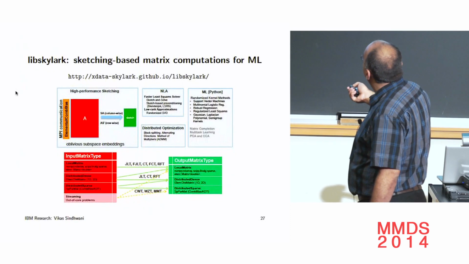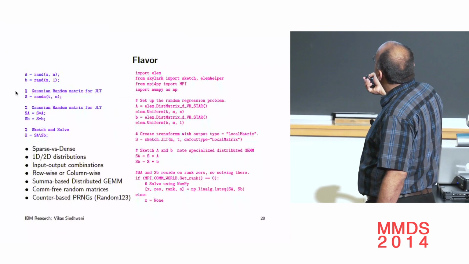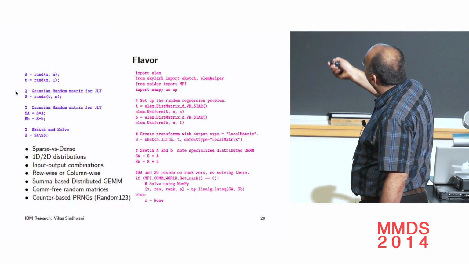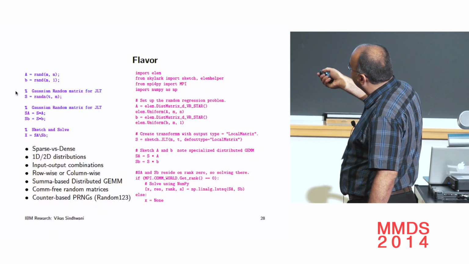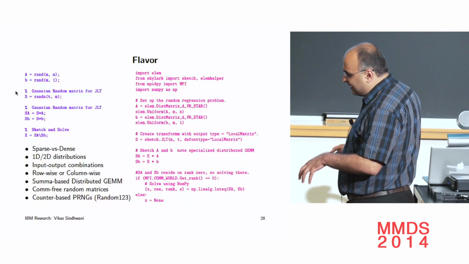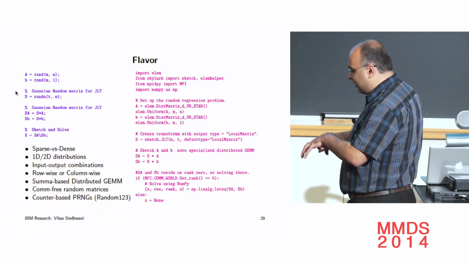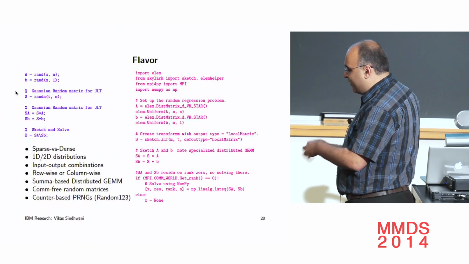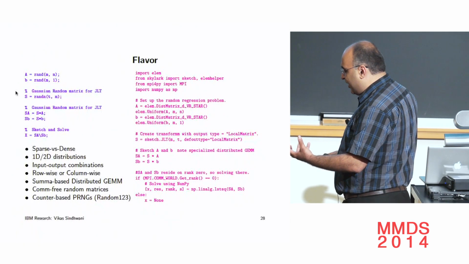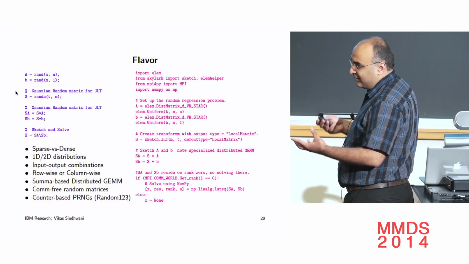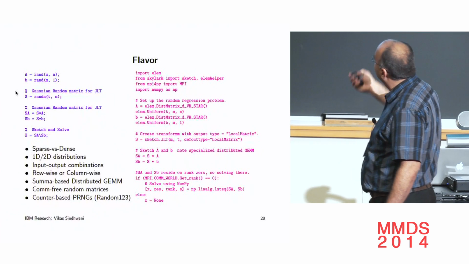This is a quick flavor of what the code looks like in Skylark, which is basically what you would write in MATLAB, except that the details of supporting these various combinations and routing are handled for you, realizing that the sketching operation is actually a specialized distributed GEMM, where one of the matrices is random and therefore does not need to be explicitly instantiated. This high performance sketching layer has been implemented, and it's very easy to interact with it through a Python front end.